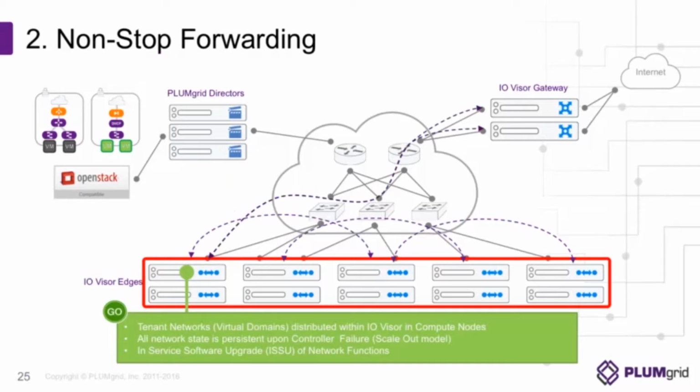So we are integrated into the Linux kernel, and our product allows for that data plane forwarding. All of your operations are in kernel, meaning it's super fast. It can do all sorts of things.